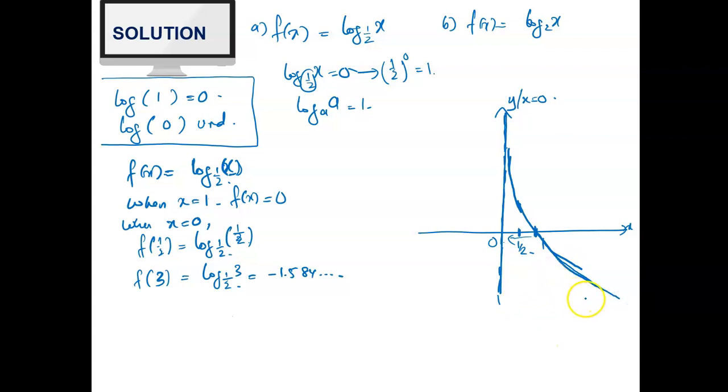There you go. So this is the function f(x) equal to log x to the base of half. Okay, now let's discuss the second function here.